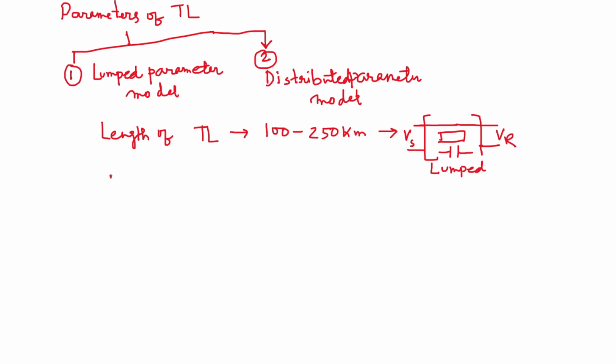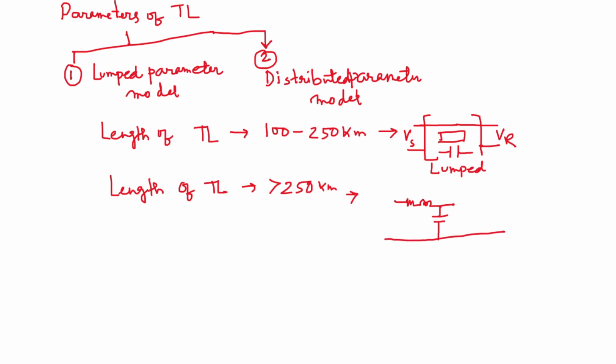On the other hand, when the length of the transmission line is above 250 kilometers, the transmission line parameters are assumed to be distributed along the entire length of the line.